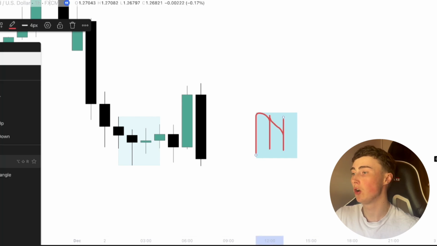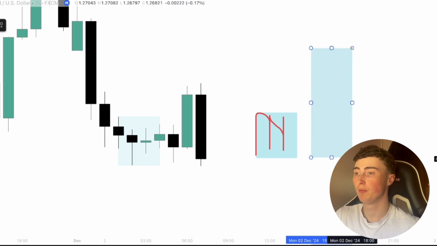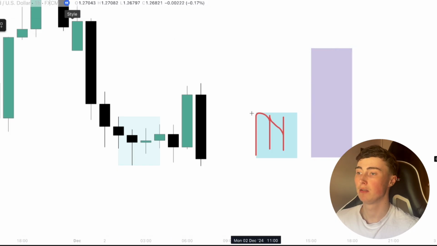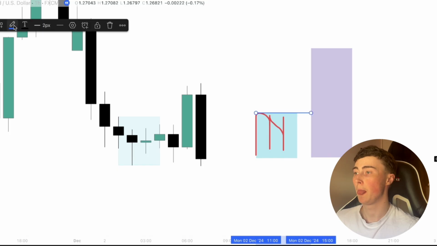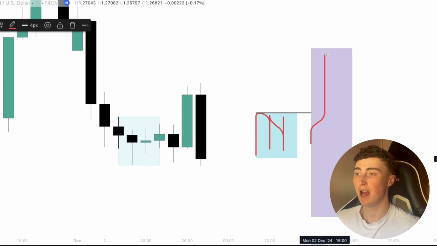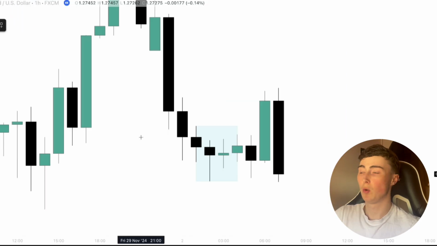And then we look for London kill zone to sweep out Asia's high, so we look for a run above Asia. And then once we get that, we look for a reversal and for London to then run to the downside. So London will take out Asia's high and then run to the downside for the rest of London session. So that's one of the cycles.